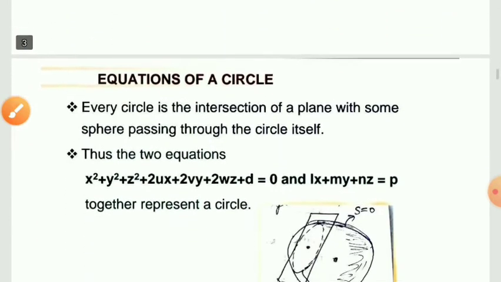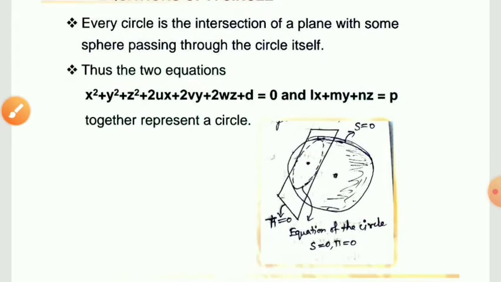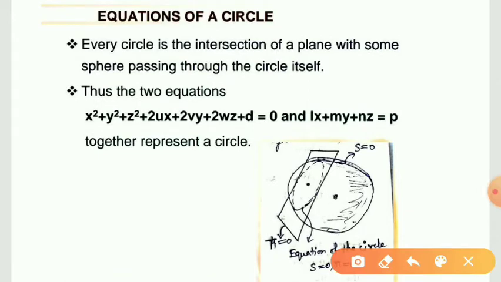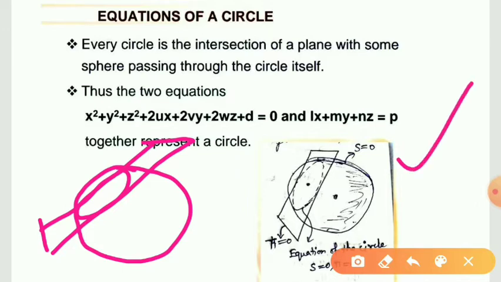Next, equation of a circle. In 3-dimensional geometry, a circle is nothing but the intersection of a sphere passing through the circle and a plane containing the circle, like this. So the intersection of a sphere and a plane is a circle.